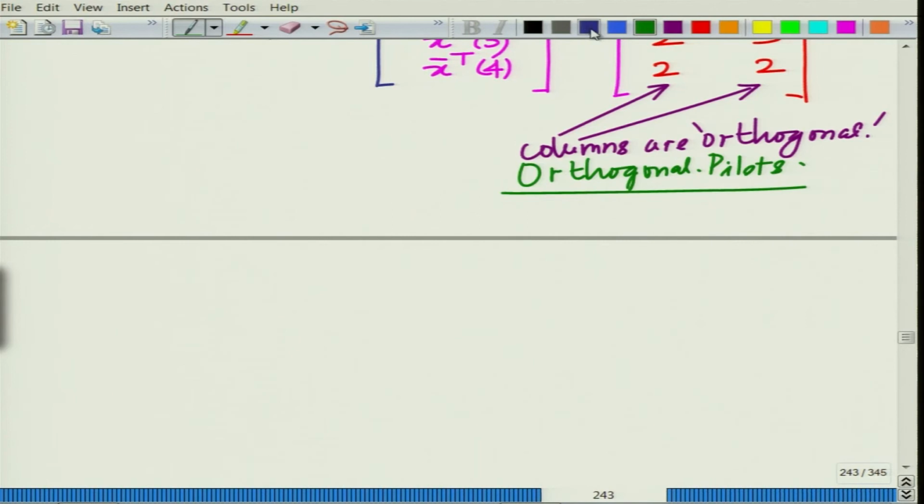Now, as we have seen, the channel estimate H hat is given by (X transpose X) inverse X transpose Y bar.